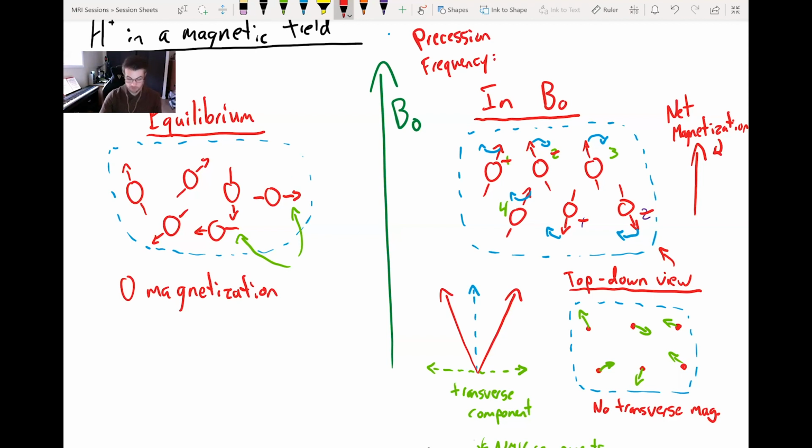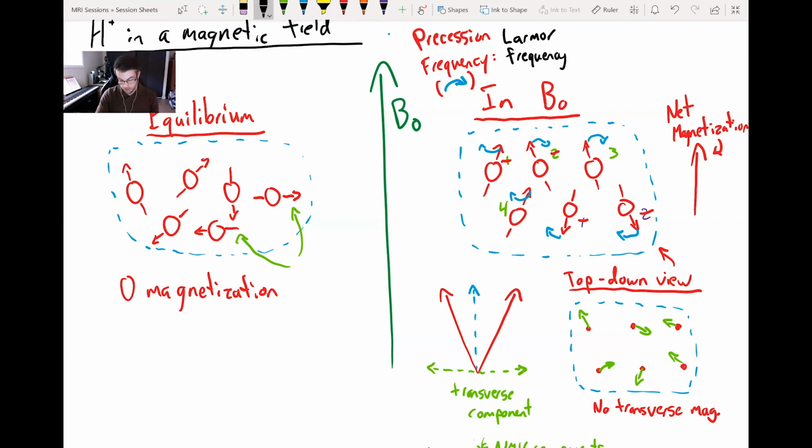Precession frequency. Okay, so that would be looking at these blue arrows, which I'll draw kind of underneath to link the two ideas together. And the equation here, it's called the Larmor equation or the Larmor frequency. I'll actually write that out for you so that we have it somewhere.